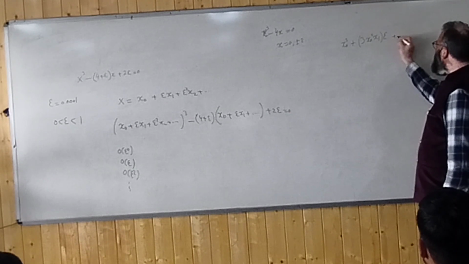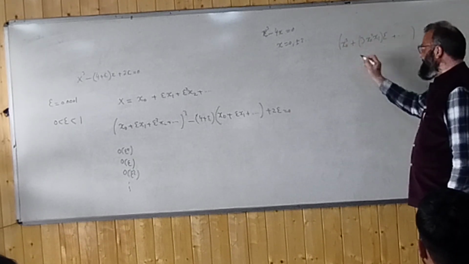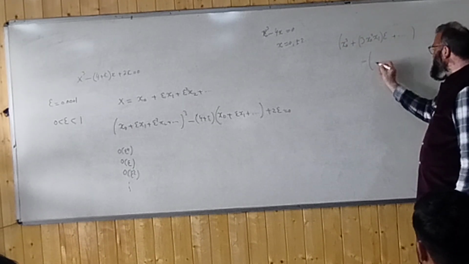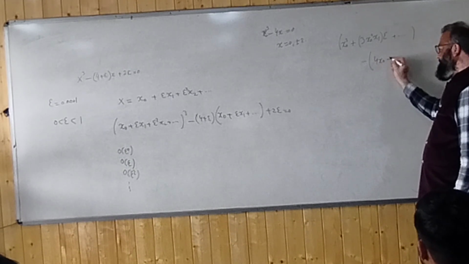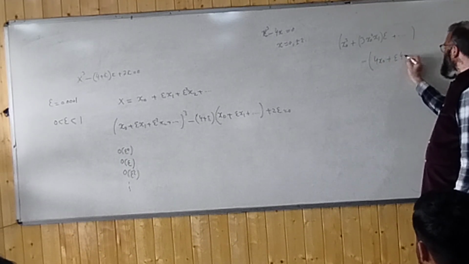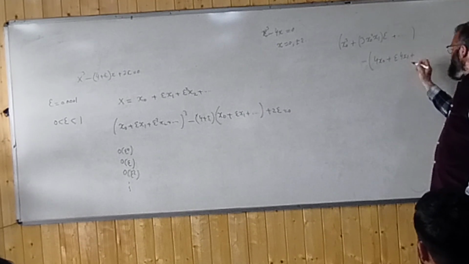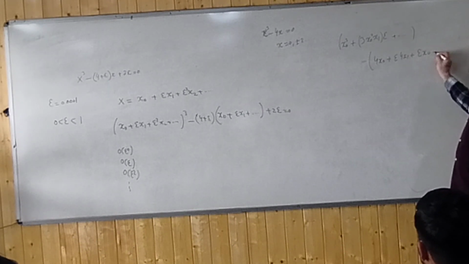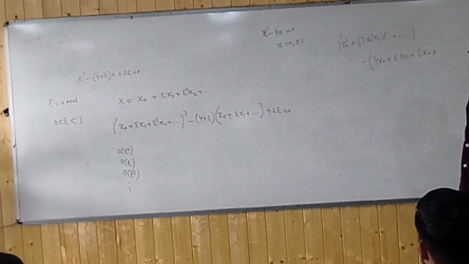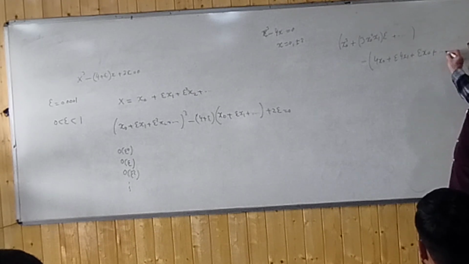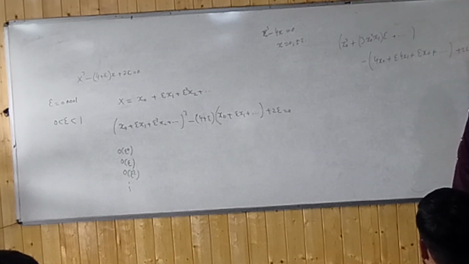So let me put dash dash dash. Minus, so let's extend it. What you are having? 4x0 plus epsilon 4x1, then plus epsilon x0, plus a term of the order of epsilon square. Clear? Plus twice epsilon.